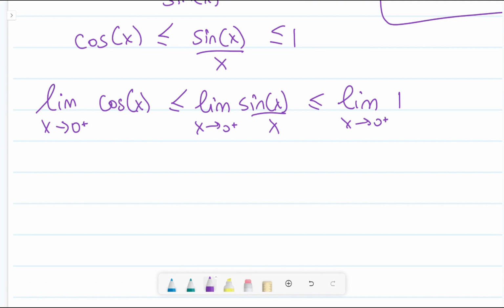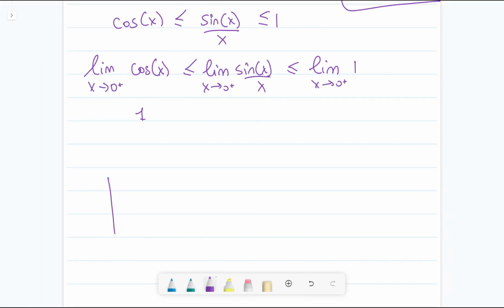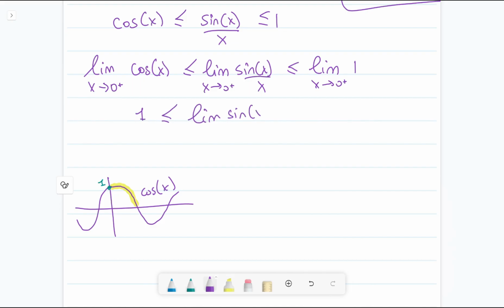Now, as we approach 0 from the right, the limit of cos of x as x approaches 0 from the right is 1. If you want, you can draw a graph of cos of x, which looks like this. So as we approach 0 from the right, we are approaching 1. This is less than or equal to the limit of sine of x divided by x as x approaches 0 from the right, which is less than or equal to 1, because the limit of a constant is the constant itself.